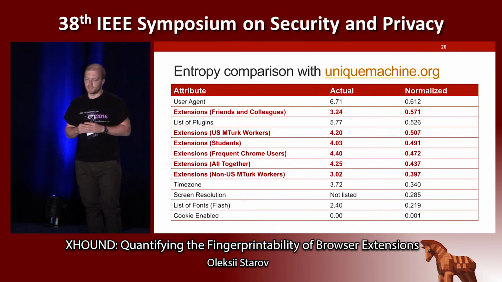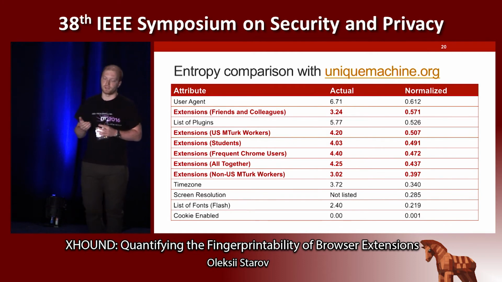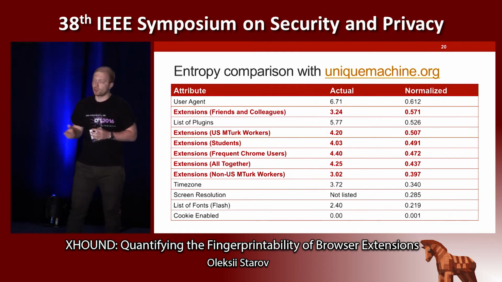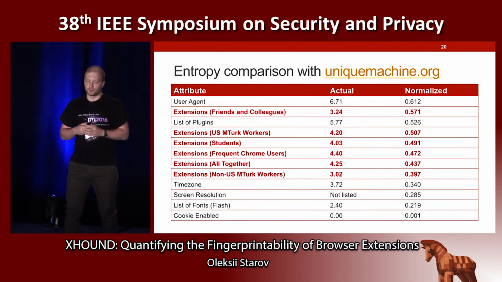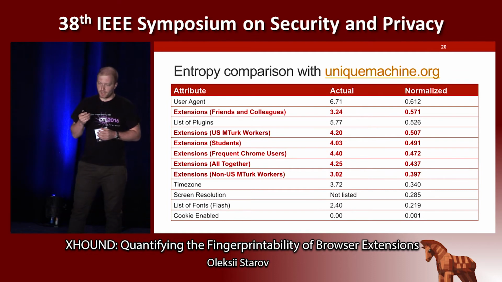First of all, we see that in terms of normalized entropy for some audiences that we surveyed, extensions can perform much better for fingerprinting even than the list of plugins. And in terms of actual entropy, we see that extensions also give totally non-trivial entropy.